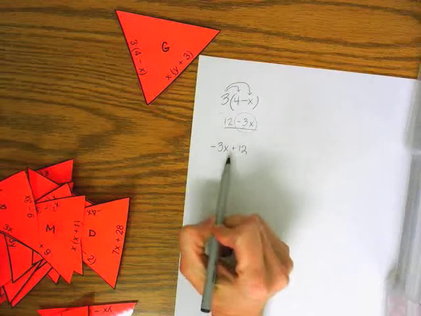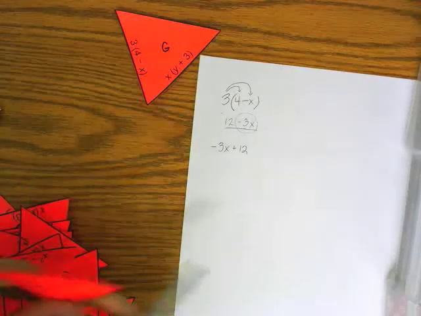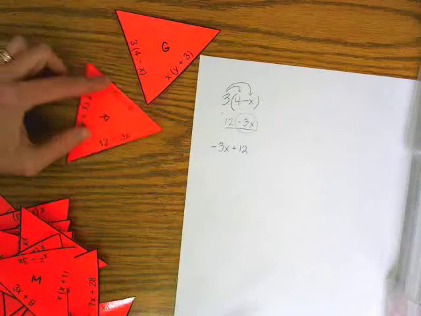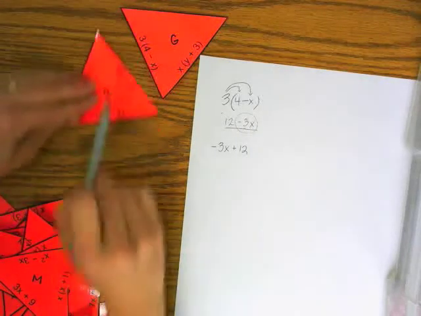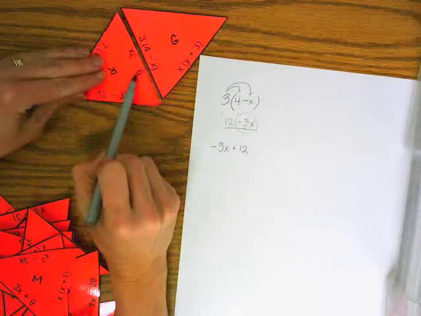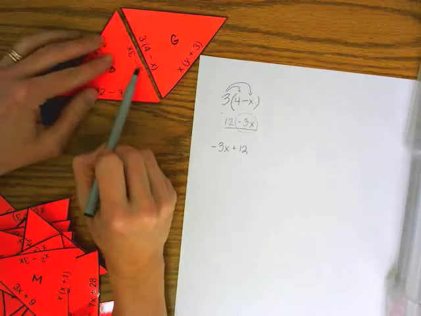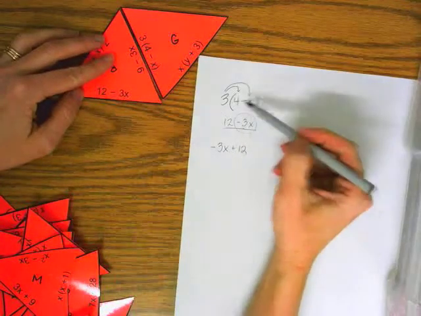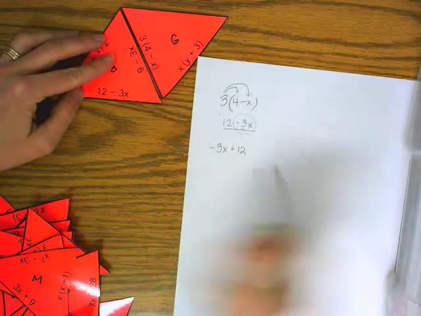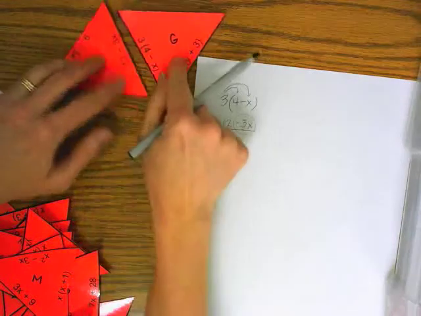You need to be aware that it could be written in either format. So this is the piece that matches this one along this side. So we're not going to put it like this because 9 minus 3x does not equate to 3 times the quantity 4 minus x. 3 times the quantity 4 minus x equals 12 minus 3x, so these two pieces match up.